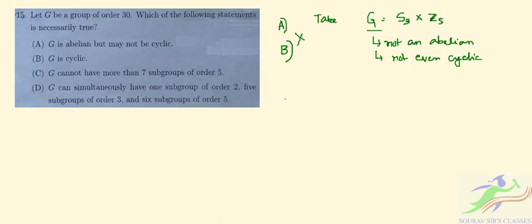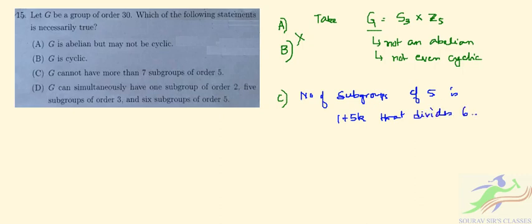Now G cannot have more than 7 subgroups of order 5, so this is option C. So the number of subgroups of order 5 is given by 1 plus 5k, that will divide 6.